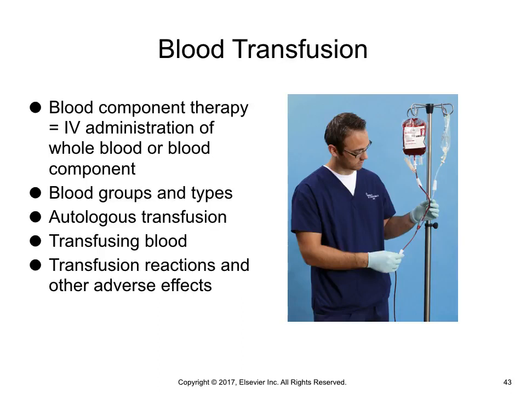In the United States, all units of blood for blood banks undergo screening for HIV, hepatitis B, hepatitis C, syphilis, and West Nile virus. This reduces the risk of acquiring blood-borne infections.